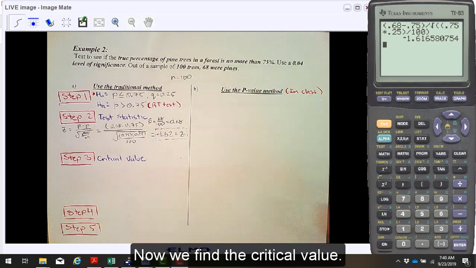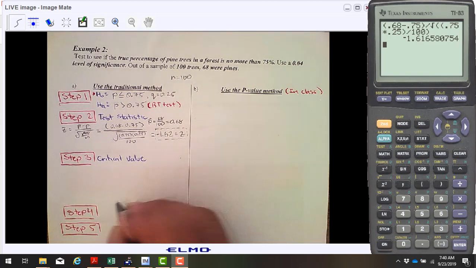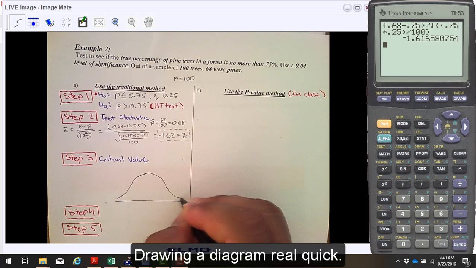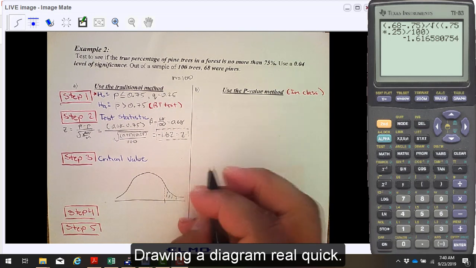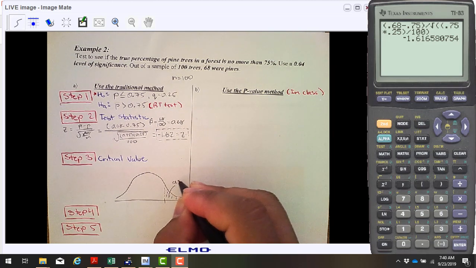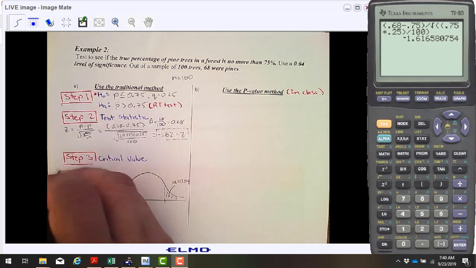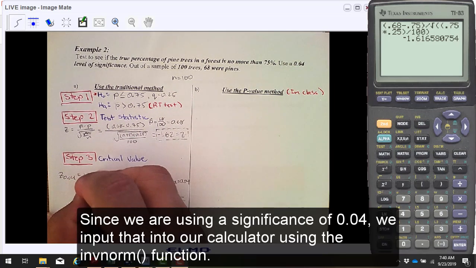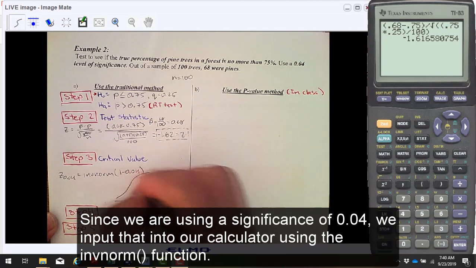Now we find the critical value. Drawing a diagram real quick. Since we are using a significance of 0.04, we input that into our calculator using the inverse norm function.